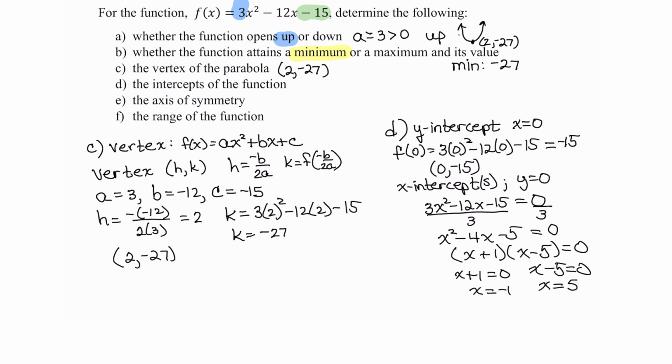And so that gives me two x-intercepts. Negative 1 as an x-coordinate will give me 0 out for a y-coordinate, and 5 in for an x-coordinate will give me 0 out for the y-coordinate. So my intercepts of my function, I have a y-intercept of 0, negative 15, and then x-intercepts that are negative 1, 0, and 5, 0.